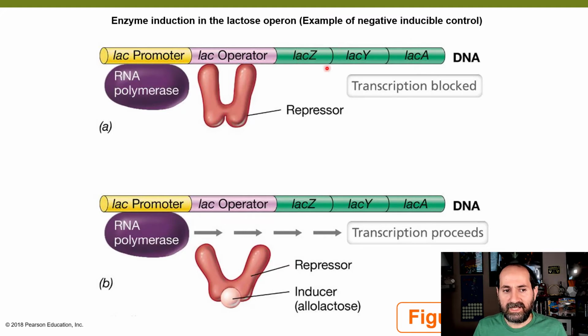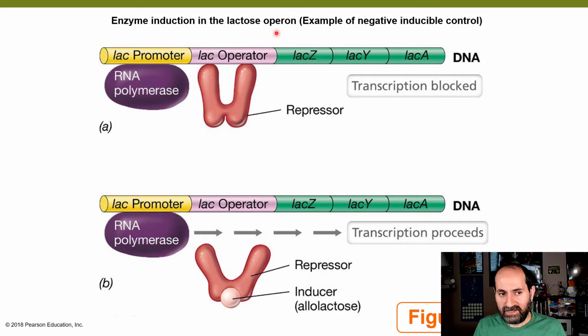And yes, Lac-Z is the gene that will give you one protein. Lac-Y is a different gene for a different protein, and Lac-A is a different gene for a different protein. And when this Operon is transcribed, you're going to end up with one really, really long mRNA.